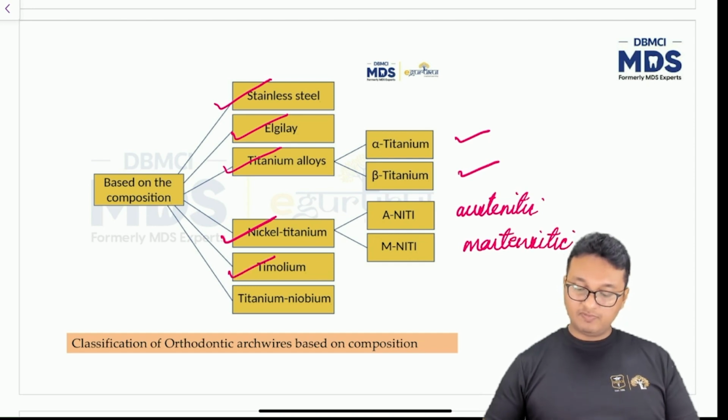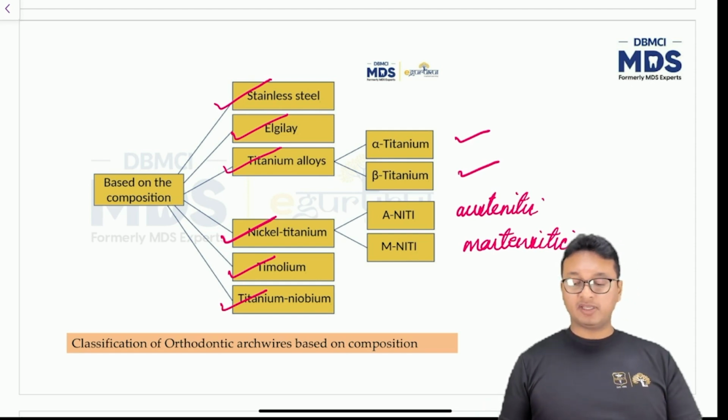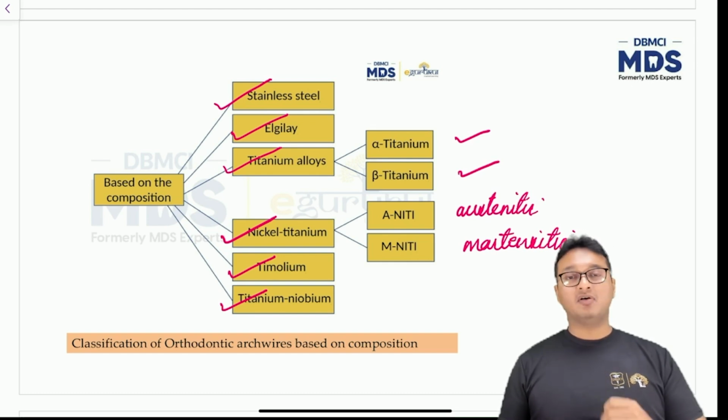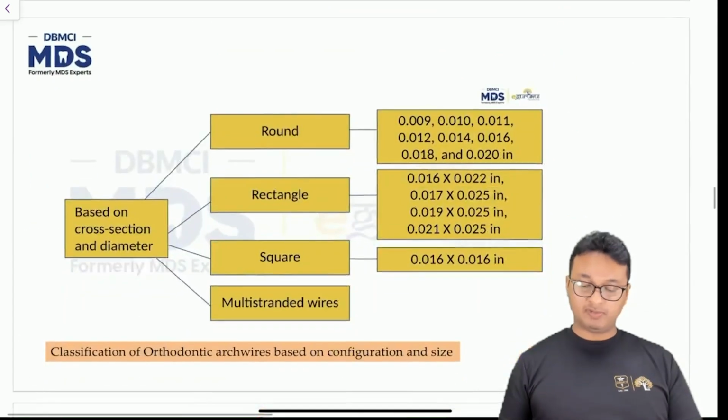Then we have TMA wires and titanium niobium wires. These are all alloys of different materials, and based on the composition, we can easily classify these wires on the basis of the materials used to fabricate them.